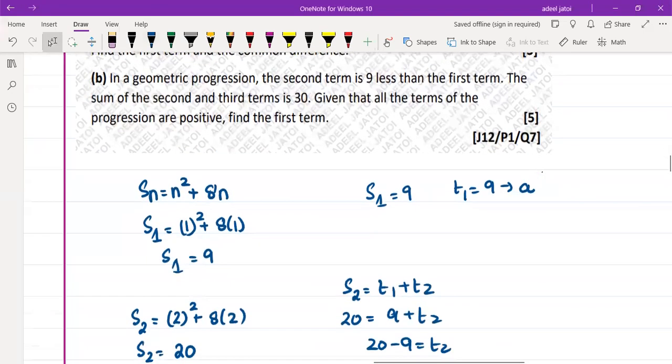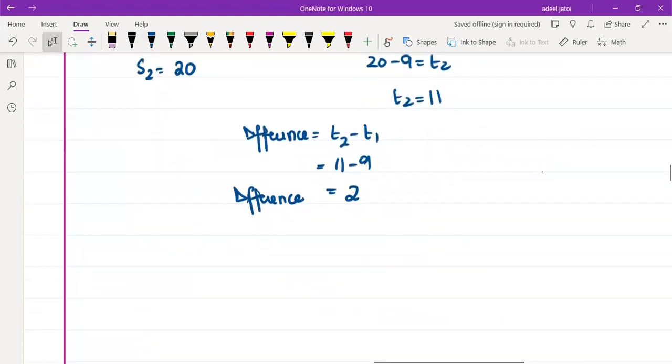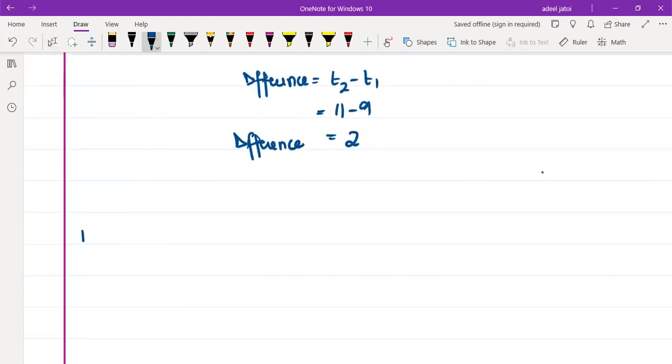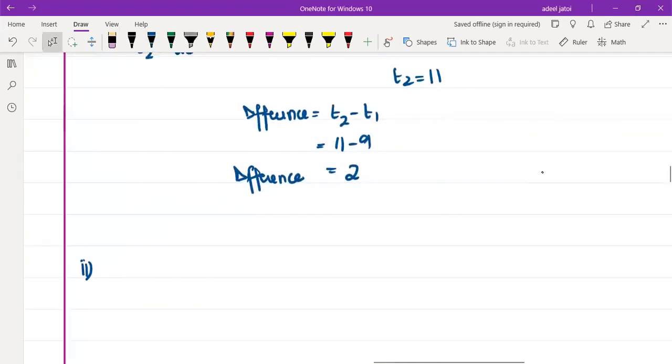So in a geometrical progression, the second term is 9 less than the first term. So let's say, making it very clear, if your first term is A, your second term should be A minus 9, 9 less than the first term.